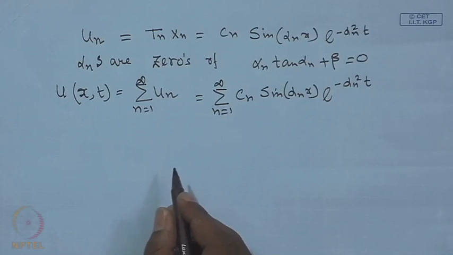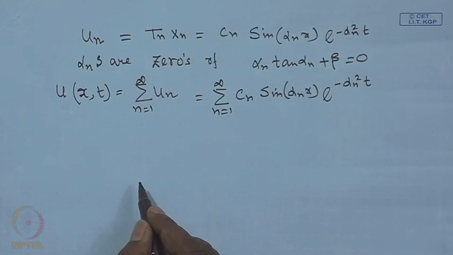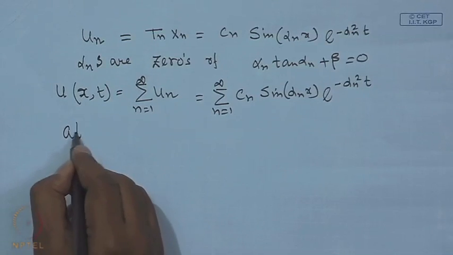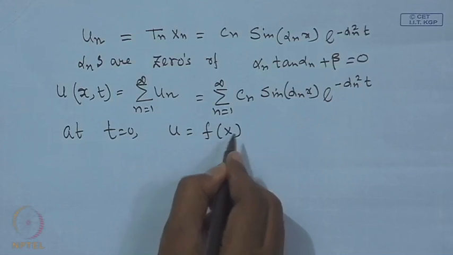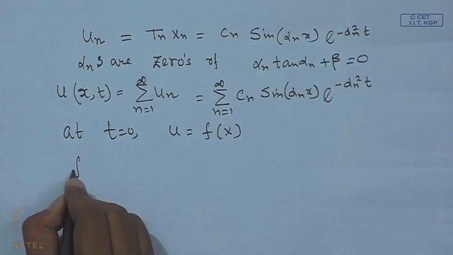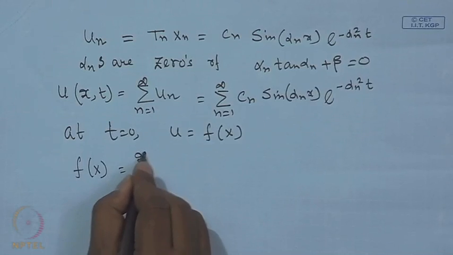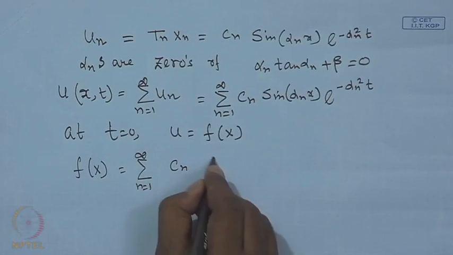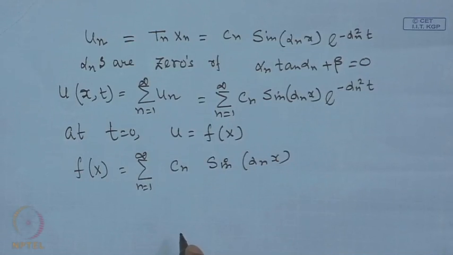Now we have to evaluate this constant C n, and for that we utilize the unused initial condition that at t is equal to 0, u is equal to some function of x. So, f of x is nothing but summation n is equal to 1 to infinity C n sin alpha n x.